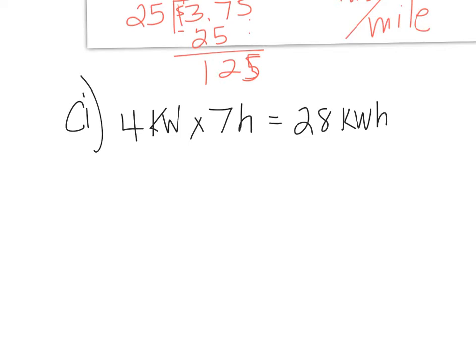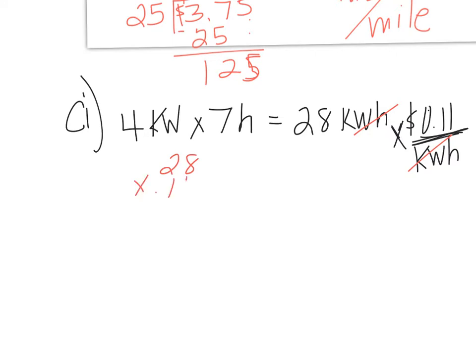Then it tells us that it costs to make that electricity 11 cents per kilowatt hour. That's actually pretty cheap electricity. In California, our electricity is more like 18 to 30 cents per kilowatt hour. And so the money is per kilowatt hour. So now I can just go ahead and multiply 28 times 0.11.